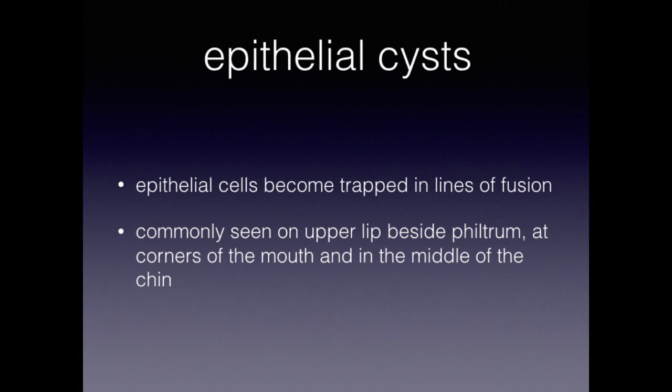They can sometimes become surrounded and embedded, which is often why we see cysts in areas of lines of fusion, like the upper lip beside the philtrum, at the corners of the mouth, the middle of the chin. A common example is what is called the nasopalatine canal cyst. And I think when you take pathology, you'll learn about some of these cysts. There's so many different ones that I won't get into it.